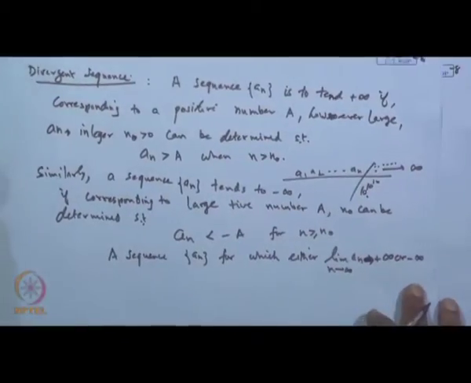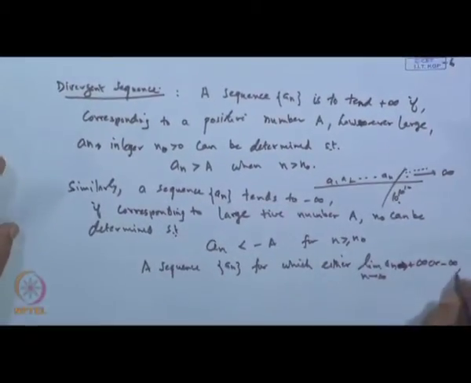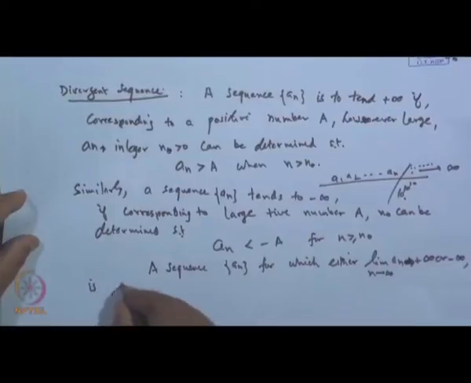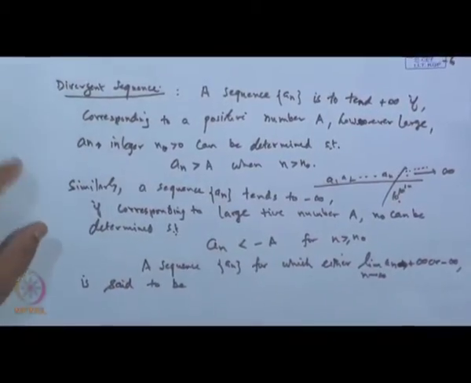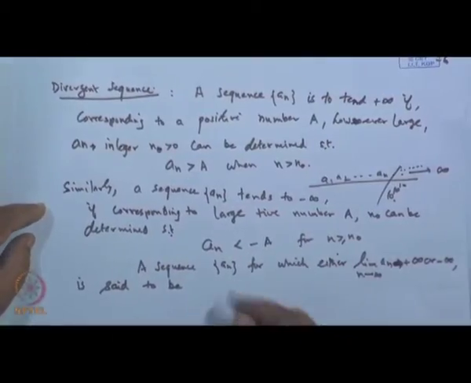Plus infinity or minus infinity is said to be a diverging sequence.